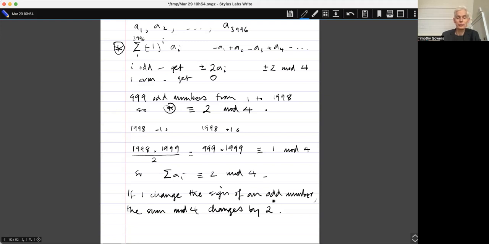So the sum changes by 2, but because each odd number is separated by an even number of numbers in between, we know that the number of odd numbers changed is even. That's not what I wanted, though.